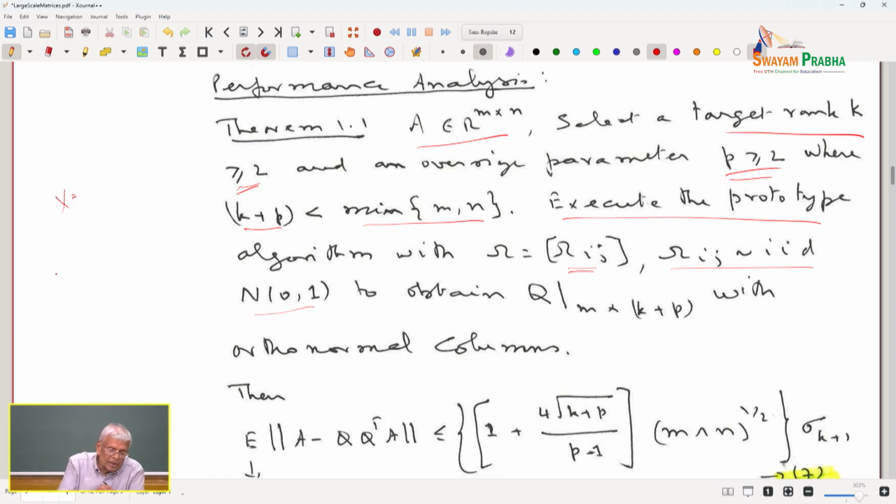So, you generate the elements of sigma ij as IID from normal 0 1. So, you generate the random vectors whose components are IID standard normal.